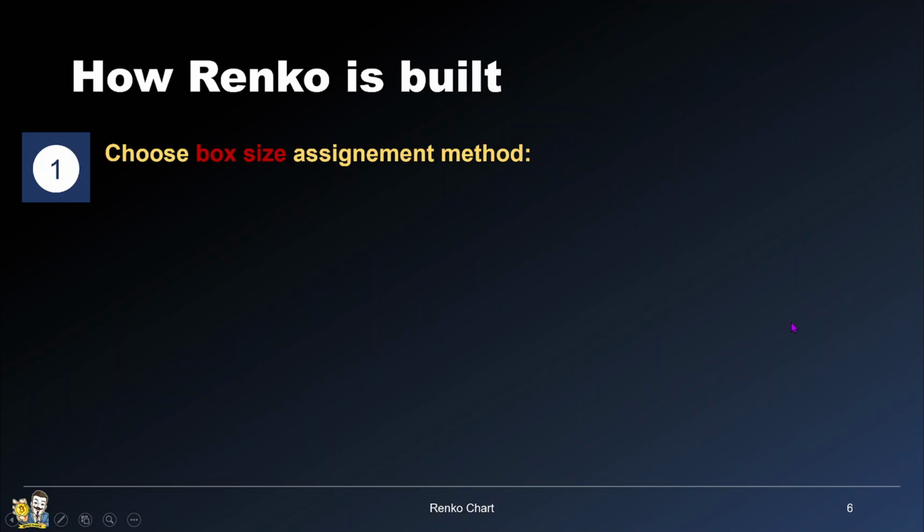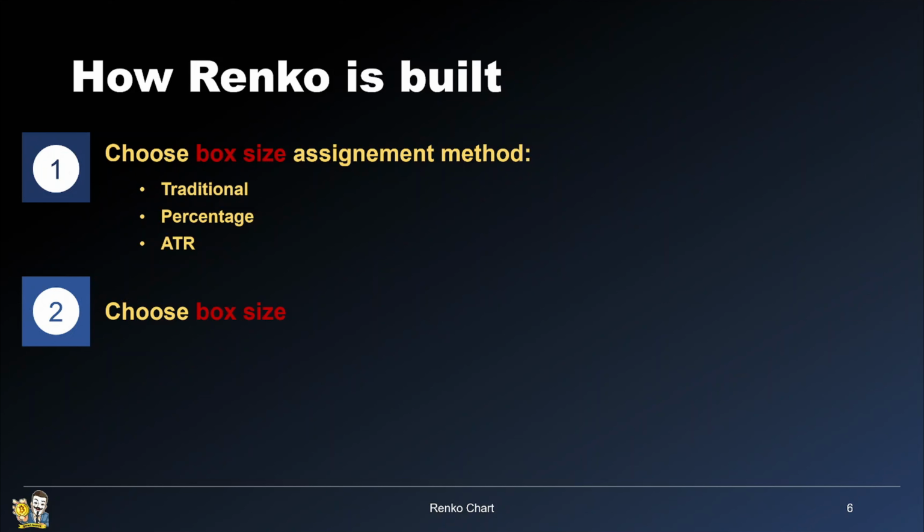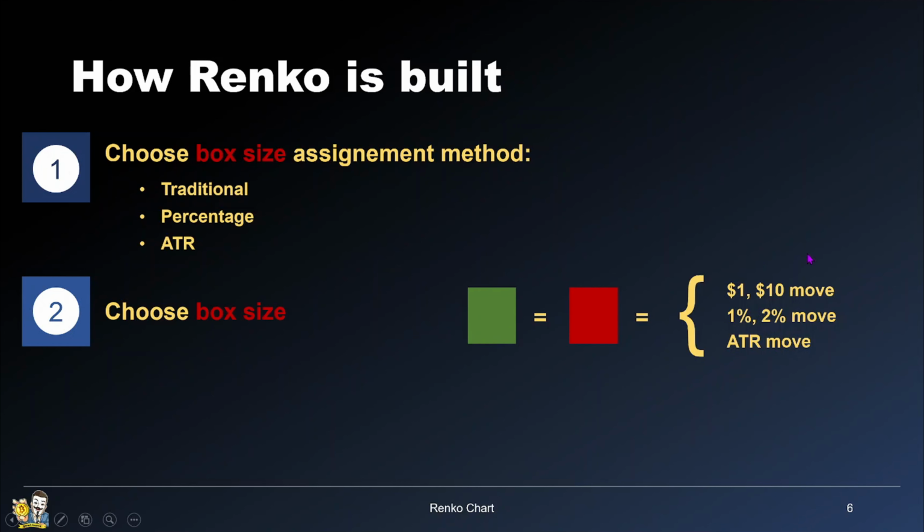Let's now understand how Renko is built. First, you have to choose the box size assignment method. There are three main methods: the traditional, the percentage, and the ATR, which means average true range, and which corresponds to the volatility of the asset. Once we have chosen the method of assigning the box size, we have to choose the box size itself. That is to say, we have to choose what corresponds to a green box and a red box. If we have chosen the traditional method, we have to assign a size corresponding to a dollar movement.